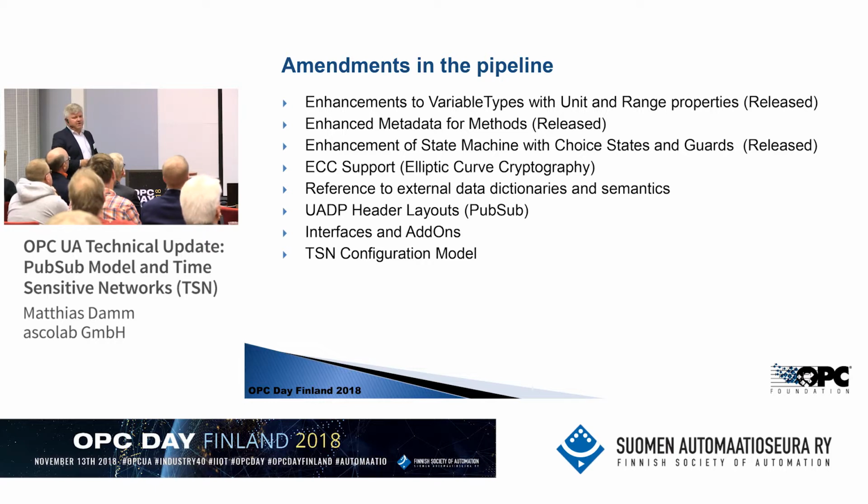So for example, that you can provide a range in a unit for a method parameter. So it's to have much more capabilities of providing metadata for single method parameters. And then this, I think, came out of the robotics working group from VDMA, is we extended the state machine model with choice states and guards.